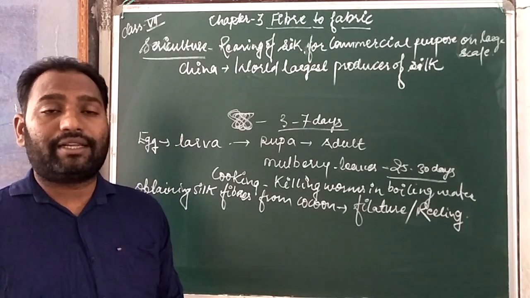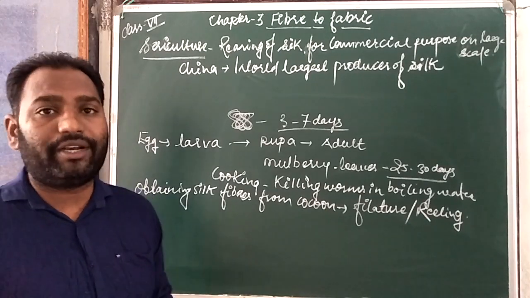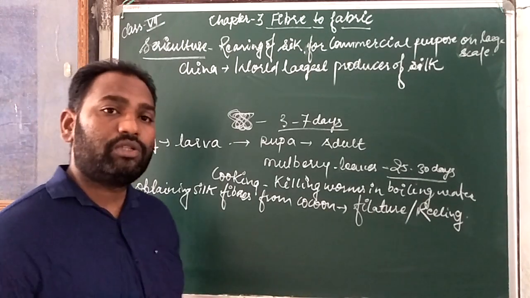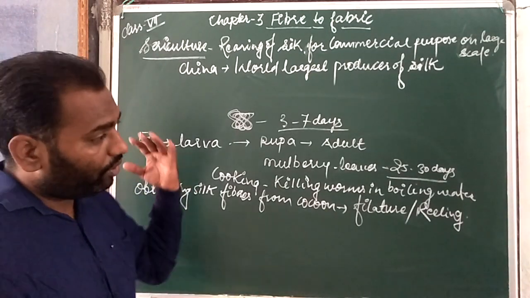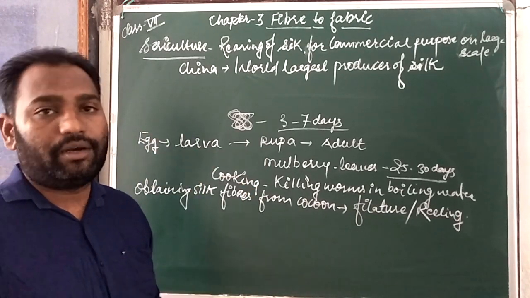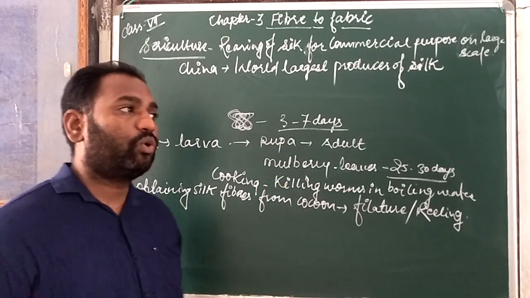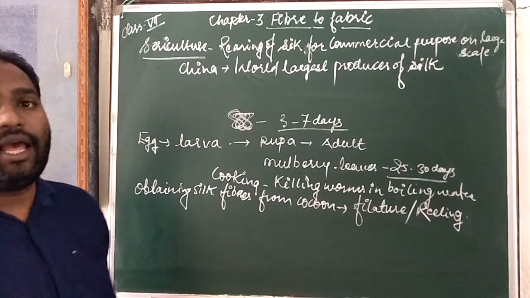You know that these industries have many pollutants, like solid pollutants and air pollutants, and too much pollution. There is hot boiling water used to detach the silk and kill the worms in boiling water. This cooking process is also done.